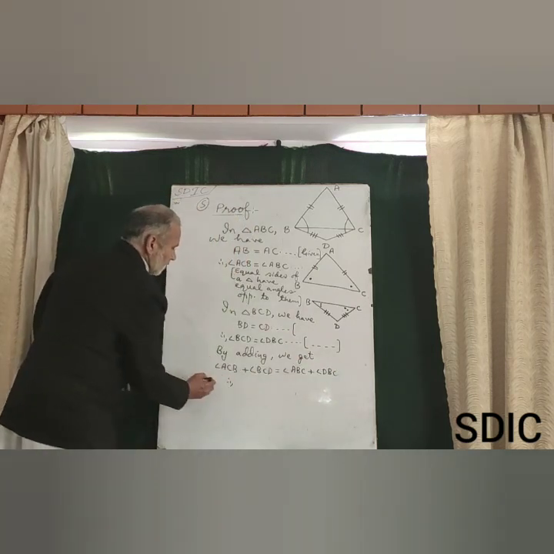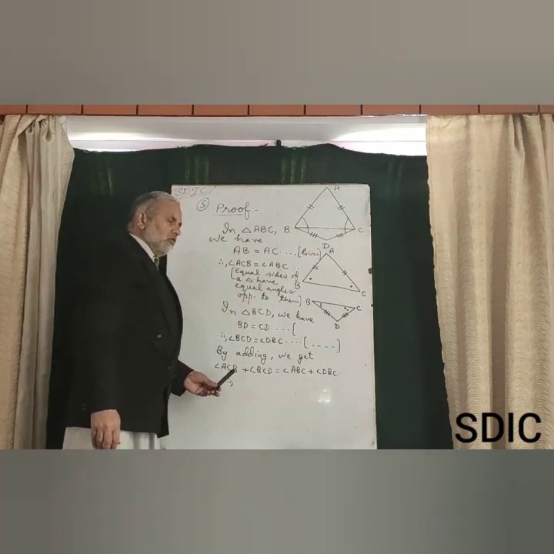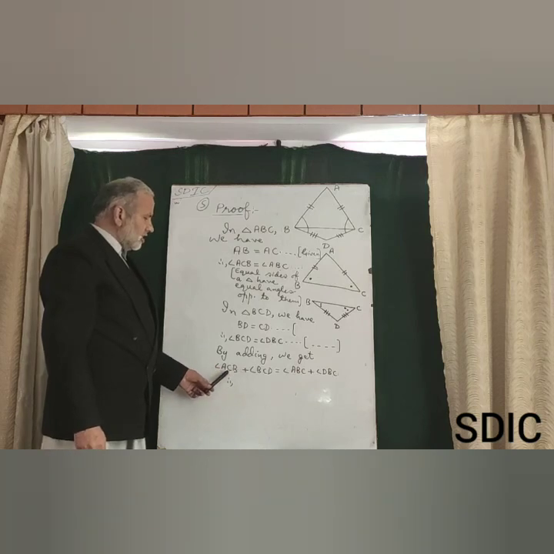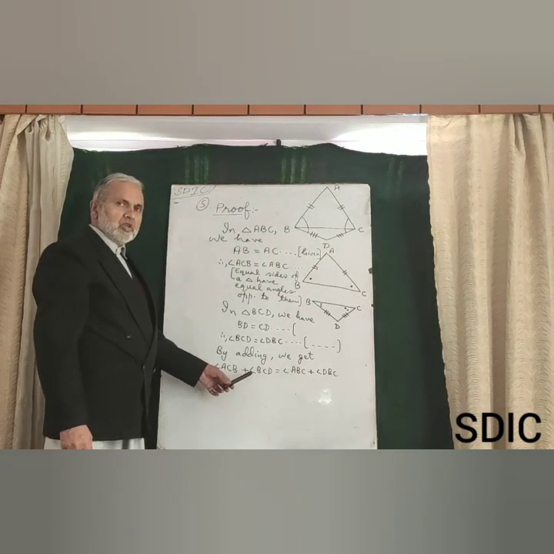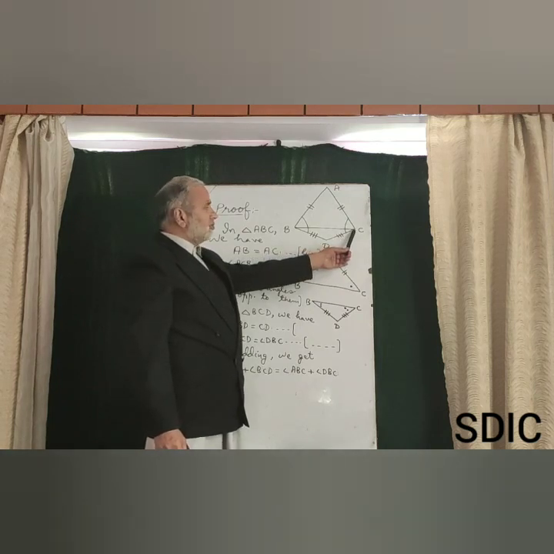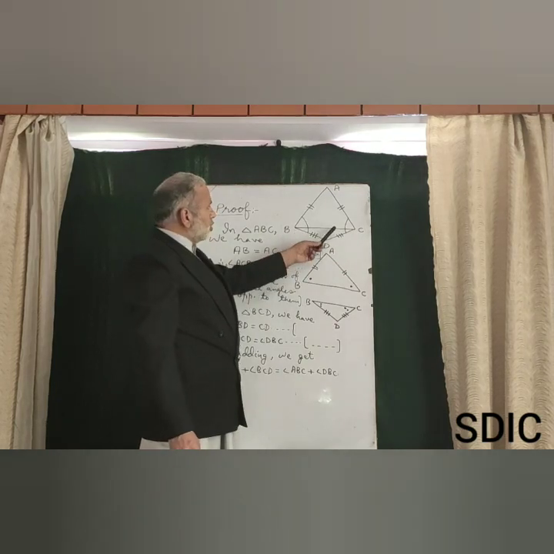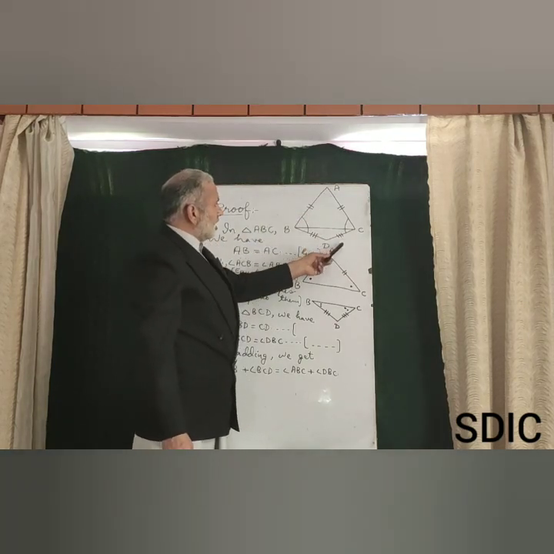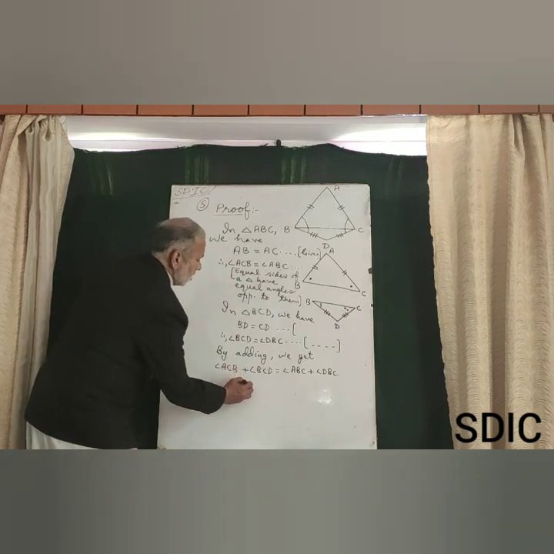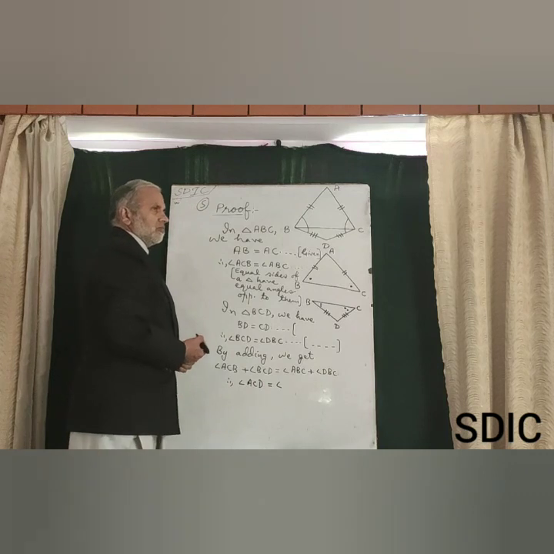Now when you add these, the vertex in both angles on the left hand side is C. You have to add the angles formed at vertex C in the figure. ACB you have to add to angle DCB. Together they make a larger angle, angle ACD. So the sum of these will be angle ACD is equal to angle.